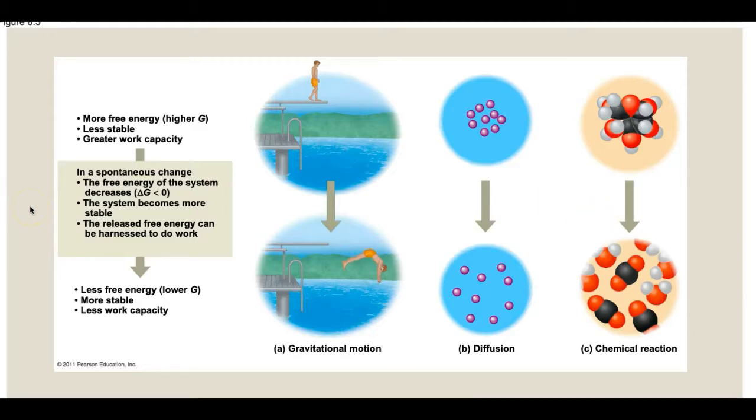If we focus on the figure here, on the diver, the solid molecules and the chemical substrate, we can see that all three of these have more free energy, higher G, and are less stable but have greater work capacity.